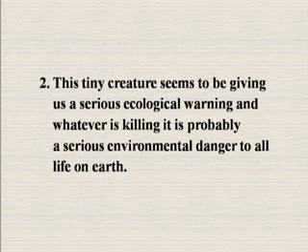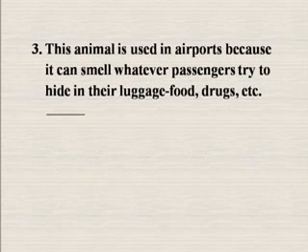Number 2. These tiny creatures seem to be giving us a serious ecological warning, and whatever is killing them is probably a serious environmental danger to all life on Earth. Number 3.